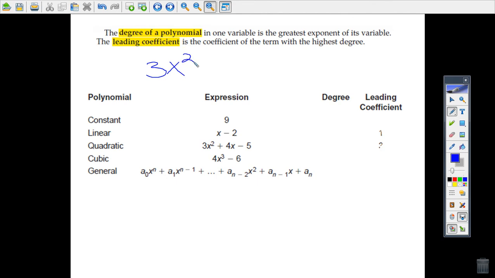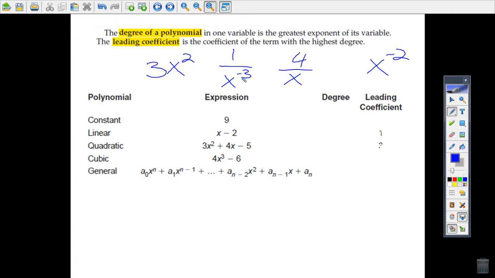But if you've got something like 4 over x, that's not a polynomial, because remember, you can't have variables in the denominator. Would that be a polynomial? Yes, because it goes up. So watch out, just because it's down below doesn't mean it makes it a non-polynomial. Because this one actually goes up and then it becomes a polynomial.